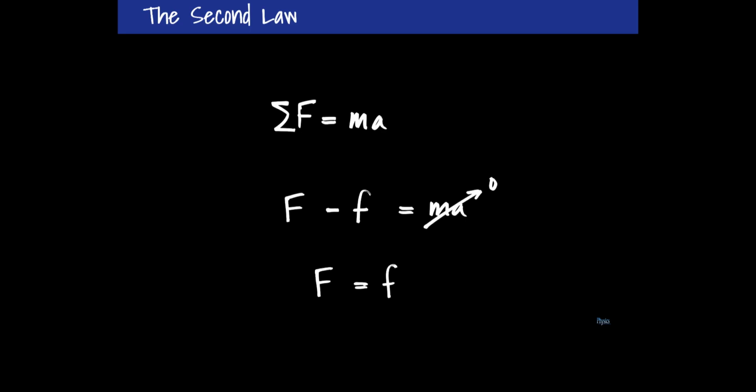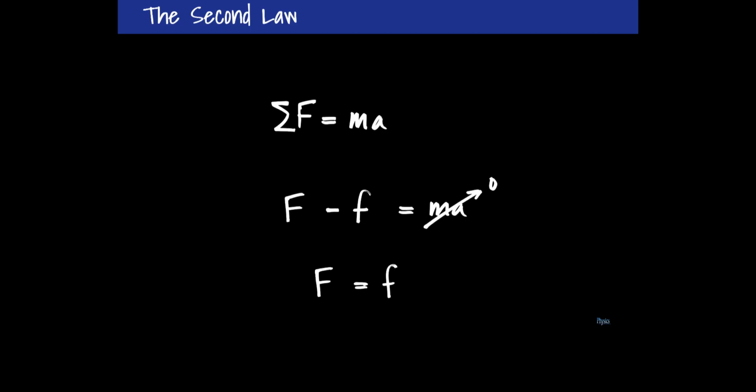Now I'm going to apply Newton's second law with the force F that I apply to the right and the friction force to the left. Newton's second law: the sum of the forces is equal to the mass times the acceleration. Because the force that I exert is to the right, I've written that as F, minus the friction force, which is to the left, has to be equal to the mass times acceleration. But in my experiment, I'm going to choose to only investigate situations where the acceleration is zero.